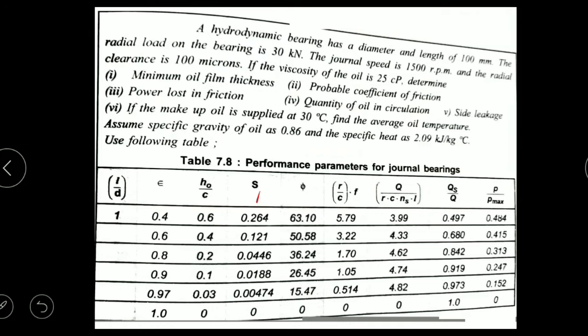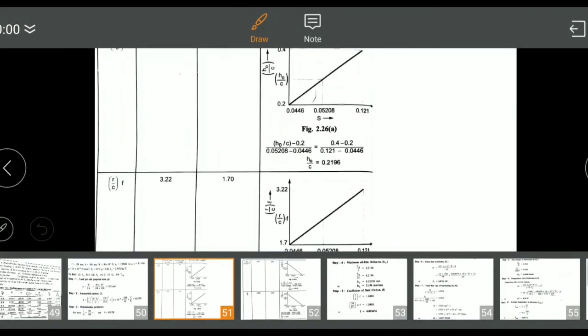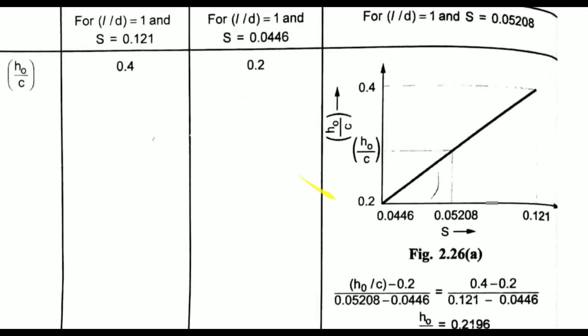I said the S value is situated in between these two, so 0.121 is the higher value and 0.0446 is the lower value, correct? We are interested in calculating H0 by C. H0 by C for 0.121 is 0.4, and for 0.0446 it is 0.2. We need to consider these 2 rows, because the required value is situated in between. Therefore 0.4 and 0.2.